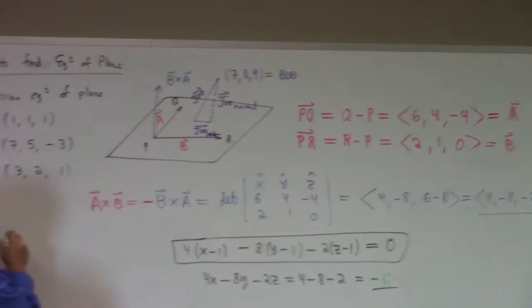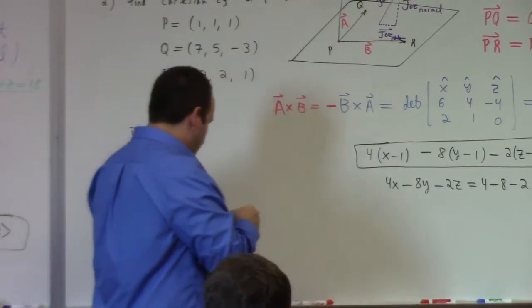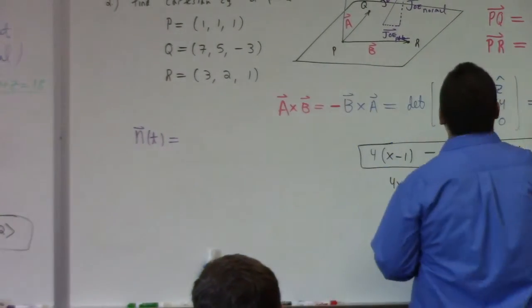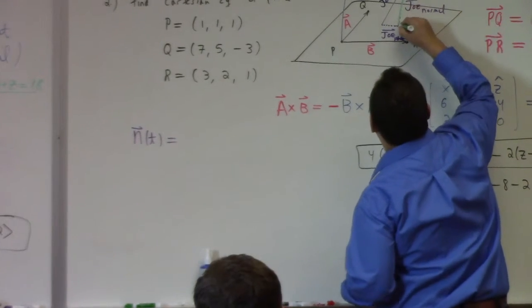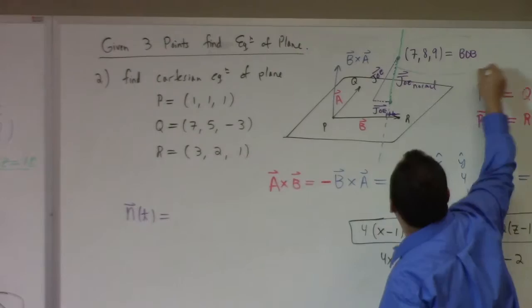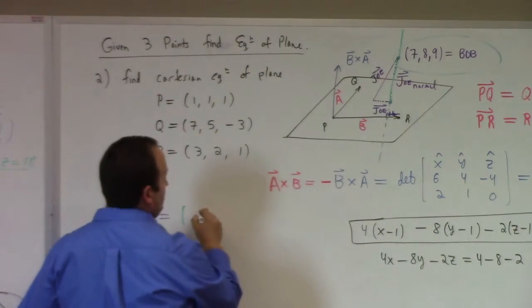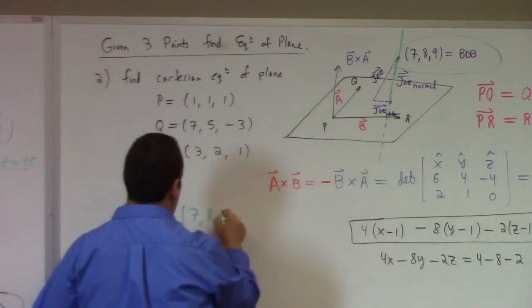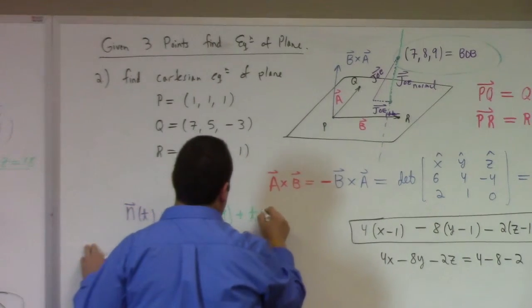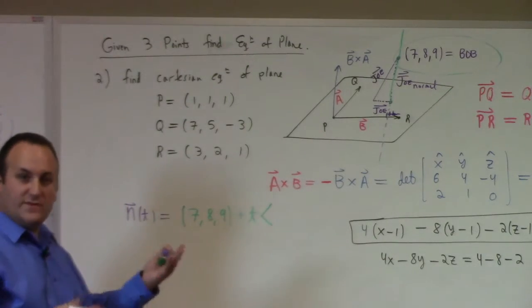N of t is equal to, what's a point on the normal line? Here's the normal line. We know one point on the normal line, this one. So we do 7, 8, 9 plus t times what? What's the direction of the normal line? The normal to the plane, right?